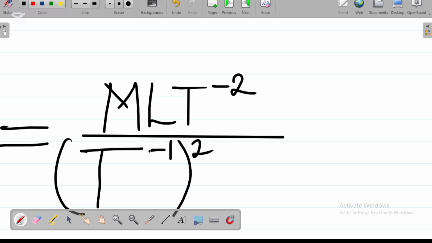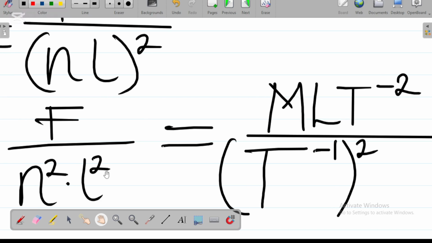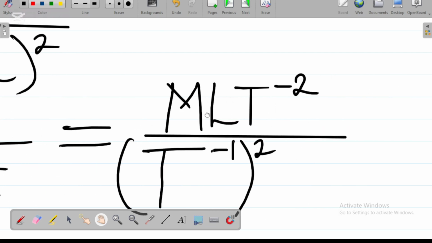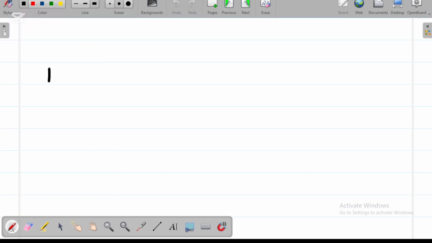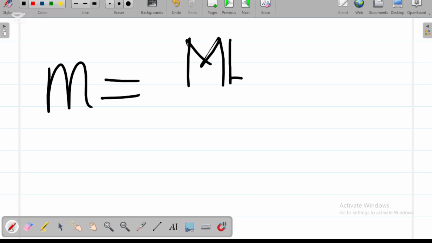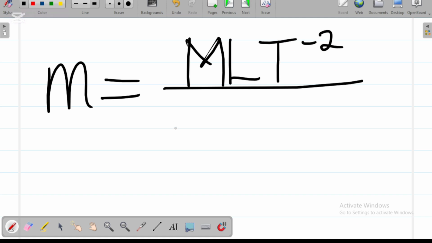So the next one here is L raised to power 2. So what's the dimension of L? L is length. The dimension of L is capital letter L. And L is raised to power 2, so we write L raised to power 2. Alright, so therefore, M is equal to capital letter M, capital letter L, capital letter T raised to power negative 2 all over T raised to power negative 2 and then L raised to power 2.